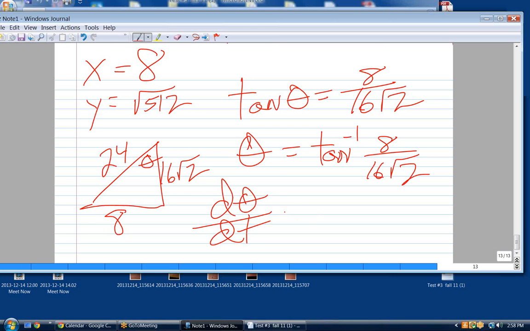So what's the derivative of inverse tangent? The formula is 1 over 1 plus x squared, so it would be 1 over 1 plus 8 over 16 root 2 squared.